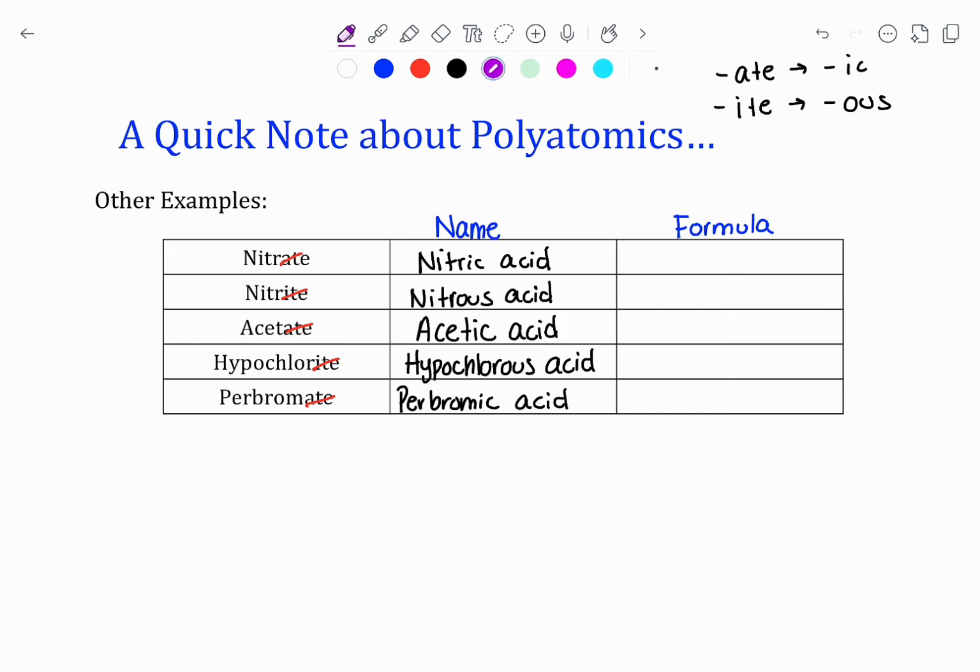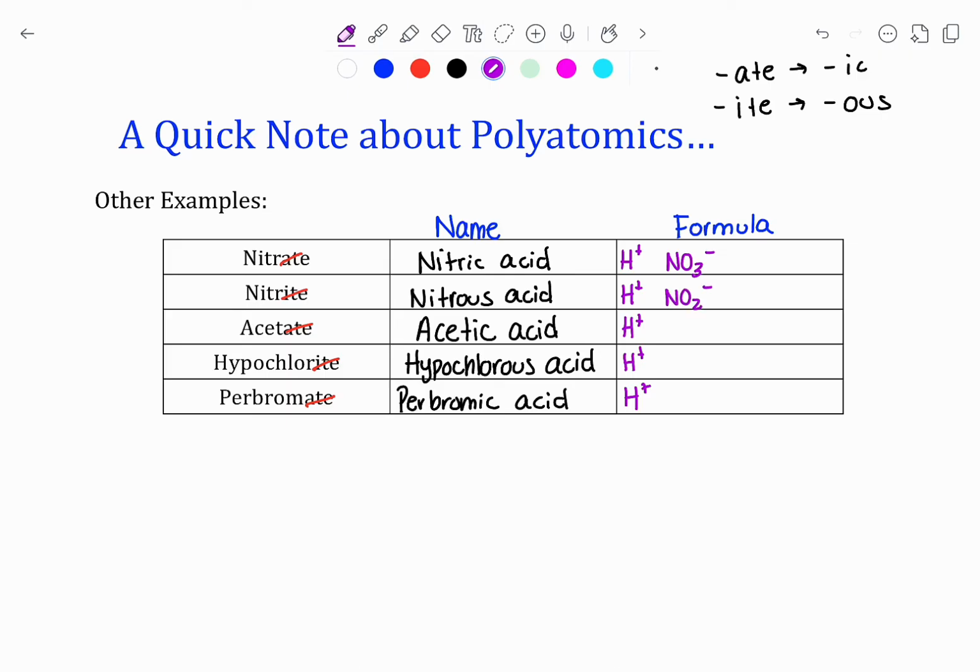Now we want to write the formula. So remember, all of these are going to be H plus something else. So we know we're going to add that hydrogen. That hydrogen is going to tell us that it's an acid. Now we need to think of the formula for that polyatomic ion. So nitrate is usually NO3 minus. Nitrite is usually NO2 minus.